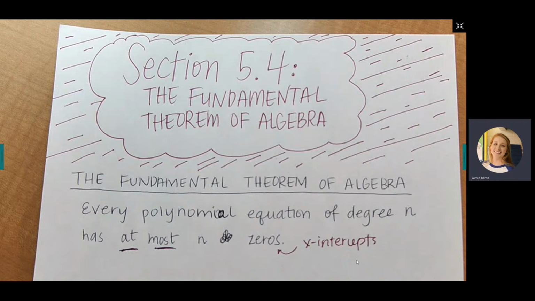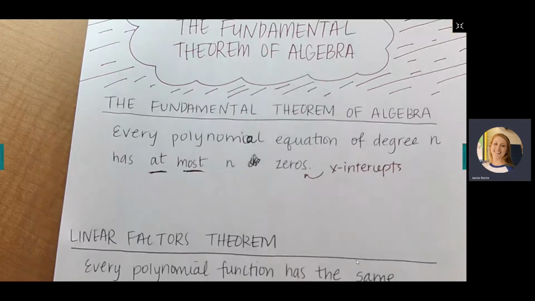If it has degree n, it's going to have at most n x-intercepts, so it could be n, could be less. If it was degree 3, at most it's going to have 3 x-intercepts. It could have less. We'll talk about why it might have less in just a minute. I'll draw a little picture for you.